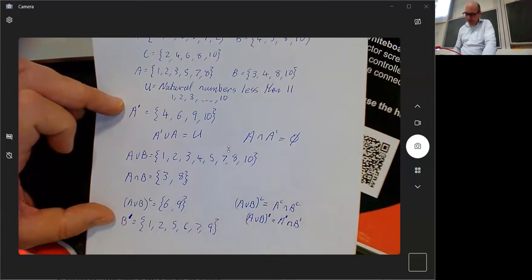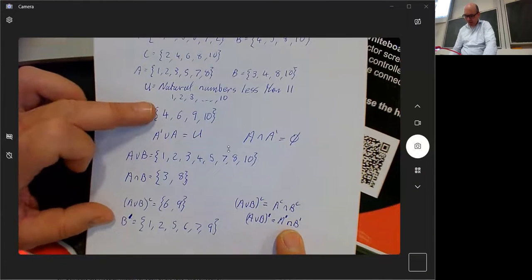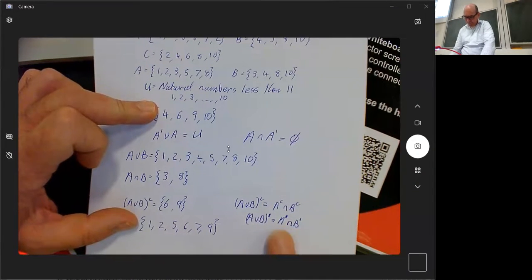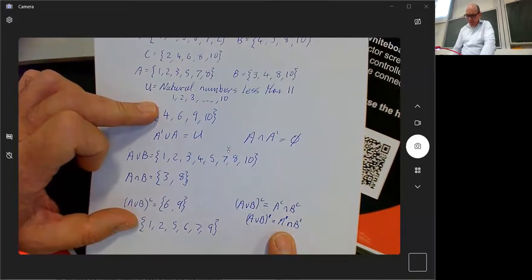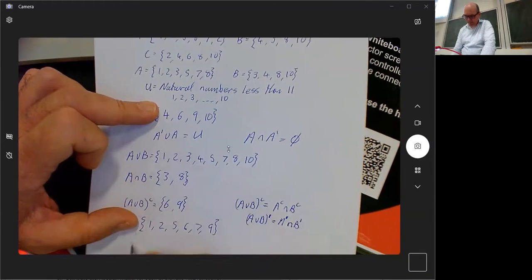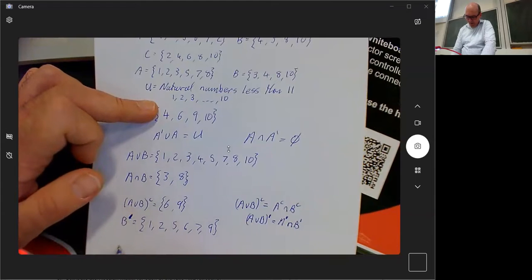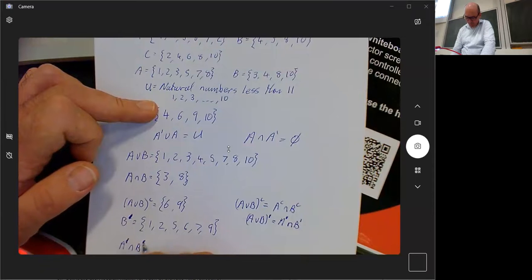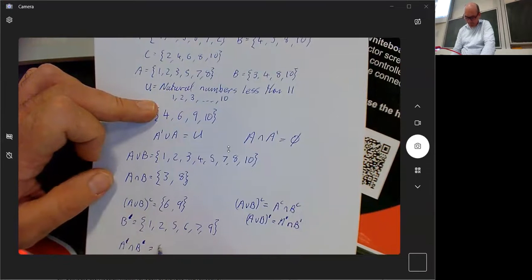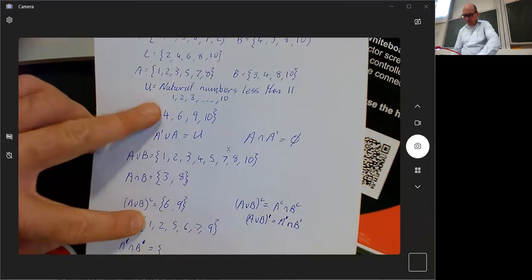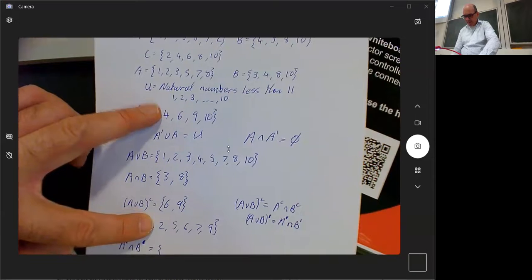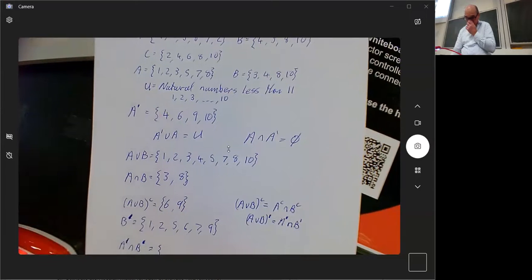So I can actually do the intersection between my A complement and my B complement. I need it to be in both this set and this set. So I'm doing A complement intersection B complement, prime, is equal to... 1 is in this set, 2 is here, 3.